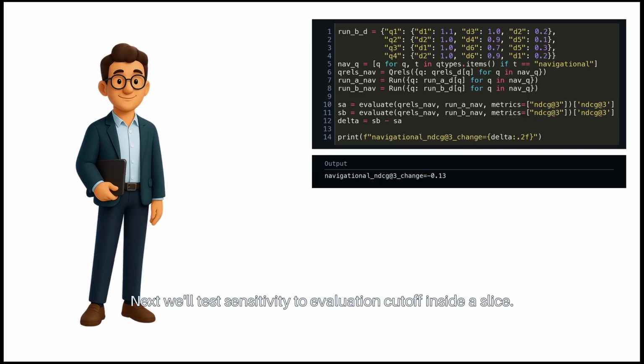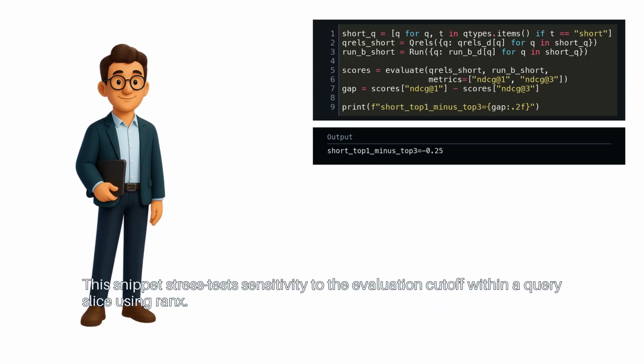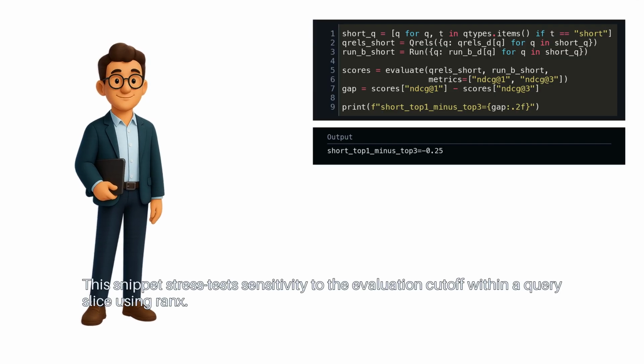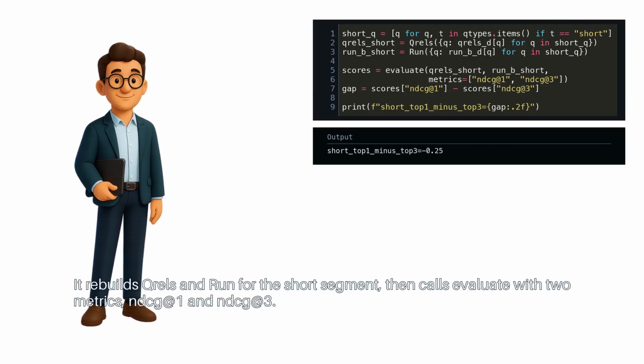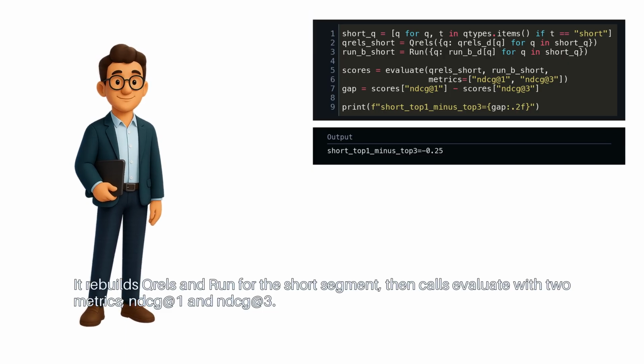Next, we'll test sensitivity to evaluation cutoff inside a slice. This snippet stress tests sensitivity to the evaluation cutoff within a query slice using ranx. It rebuilds qrels and run for the short segment, then calls evaluate with two metrics, NDCG at 1 and NDCG at 3.